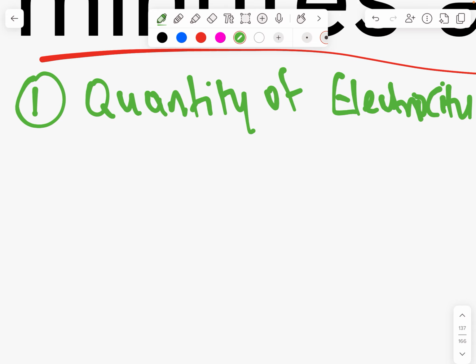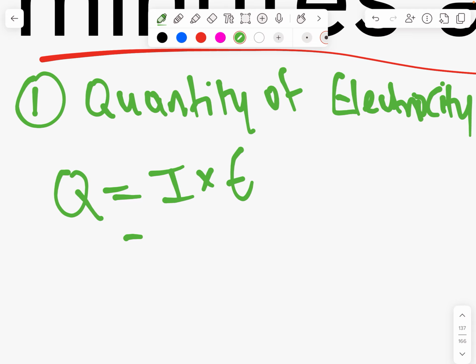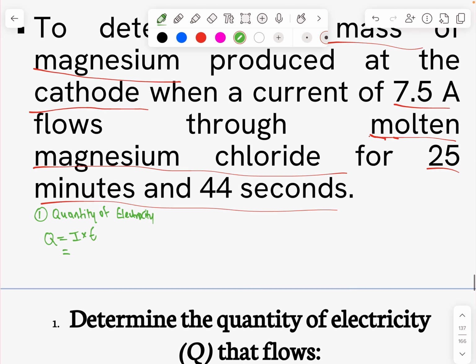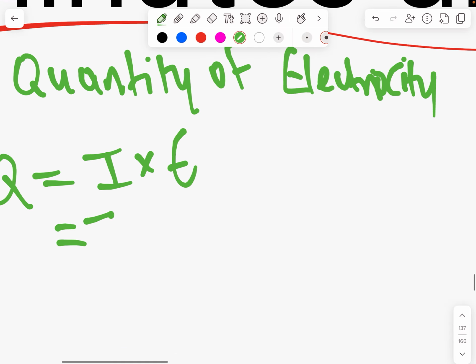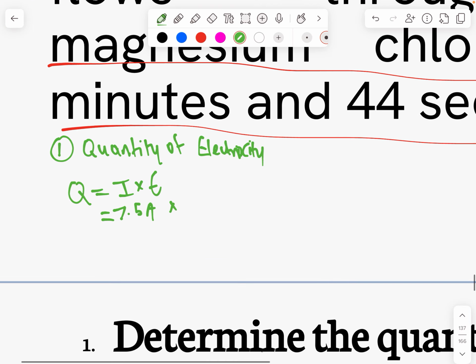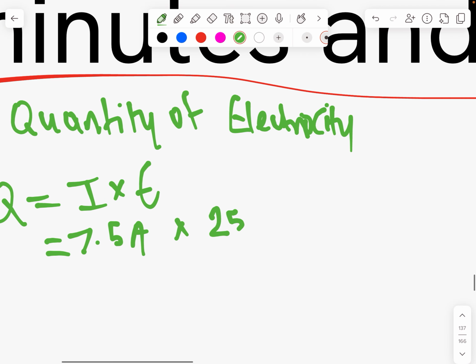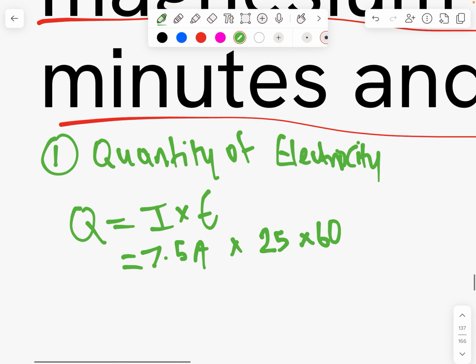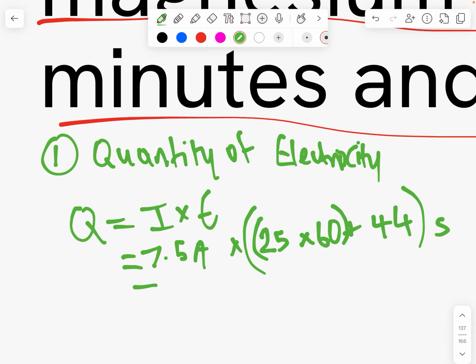Q equals I times T. And for I, the value that we got was 7.5 amperes times T. T has to be converted to seconds, so we got 25 minutes, which in seconds is 25 times 60, and we also have an additional 44 seconds, plus 44. Be careful when you're putting this into your calculator, right? Seconds. So let us work it out.